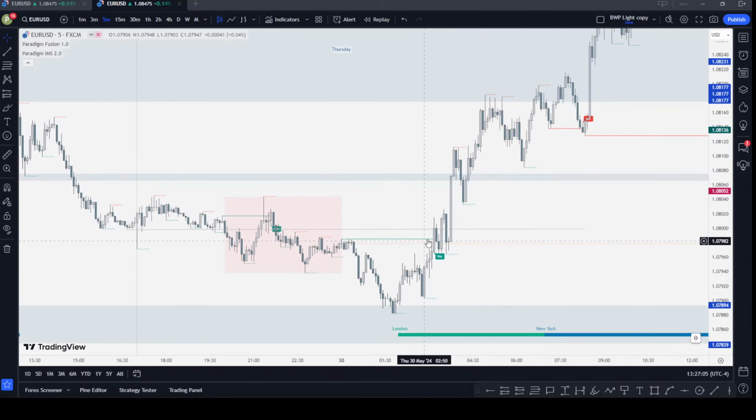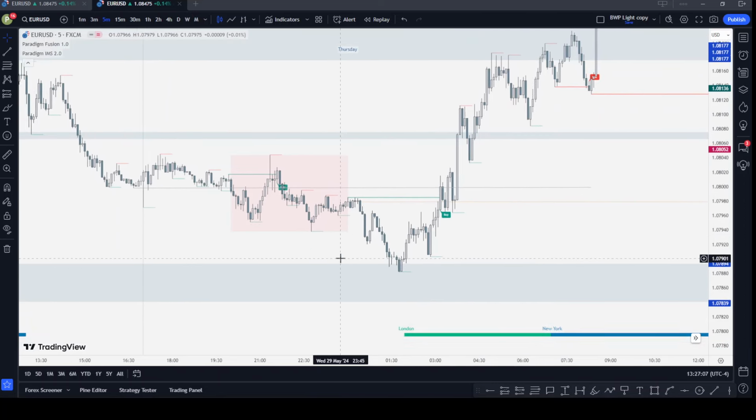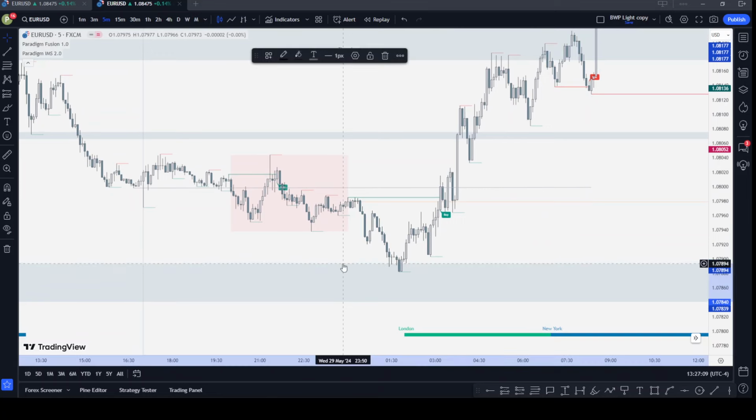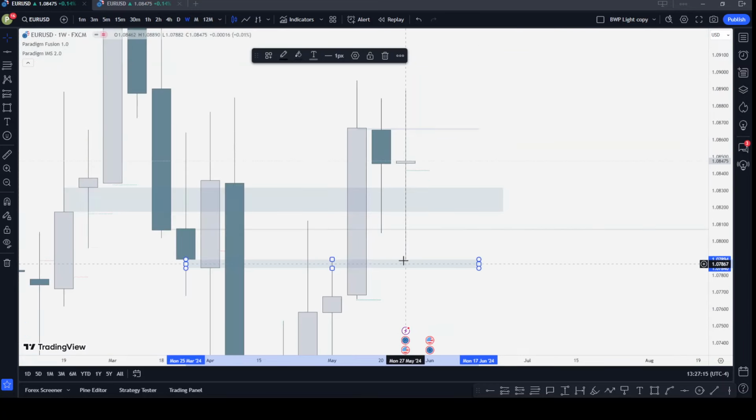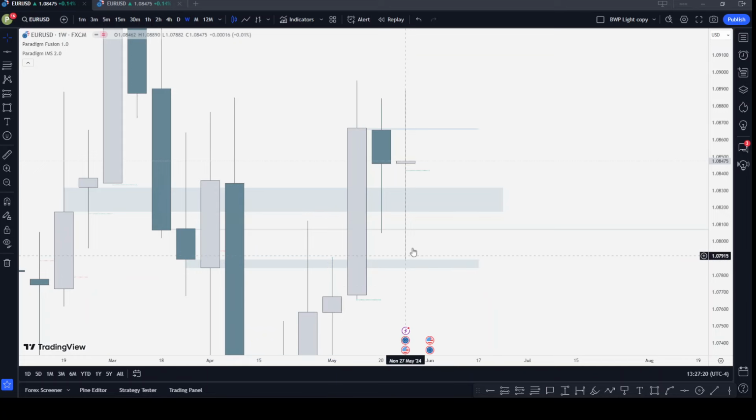This new week opening gap right here is the same one we marked out here. And I hope you can recall why we are using this. This is the closest new week opening gap that price has not yet returned into after we had a change of states this week.